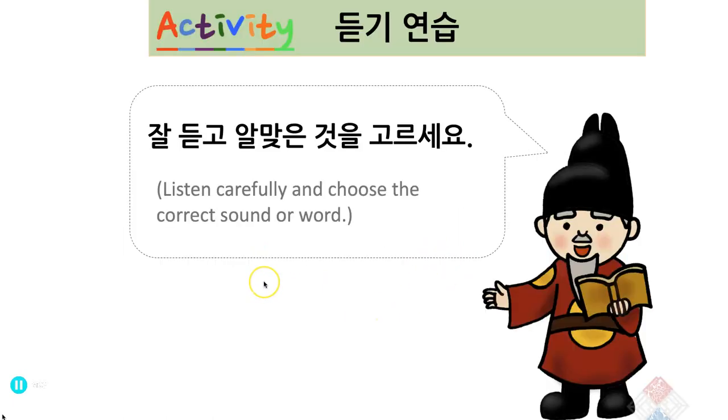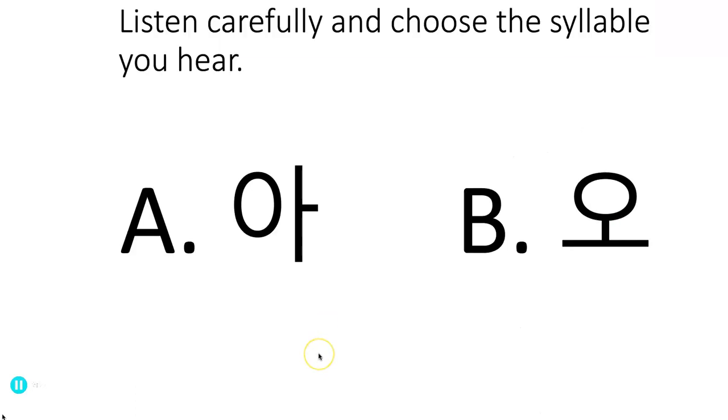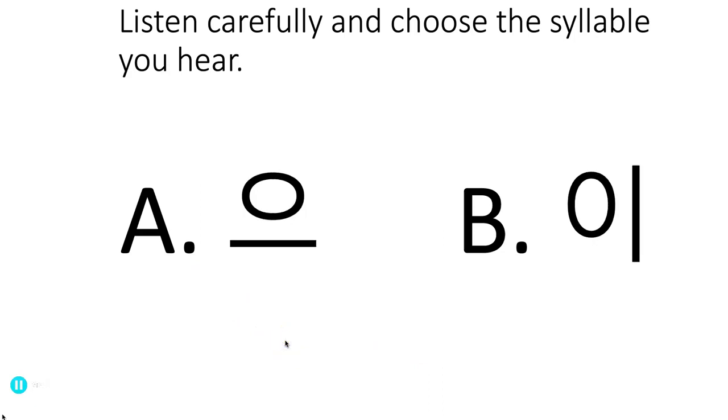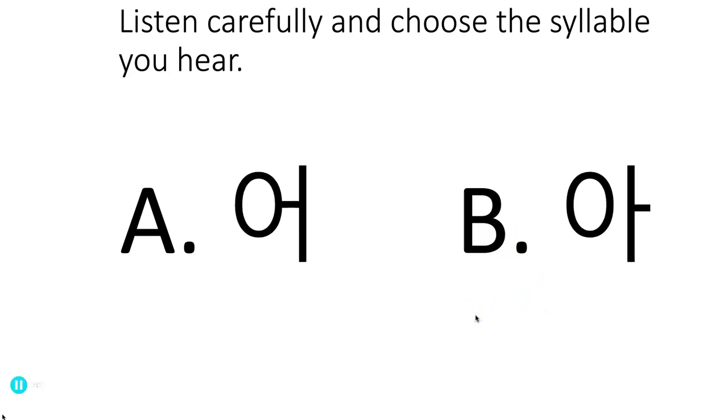Okay. 자, this time, listening practice. Listen carefully and choose the correct sound or word as you hear. 아. The correct answer is A. 이. Which one is correct? The correct answer is B. 어.